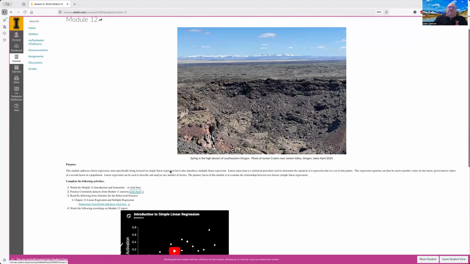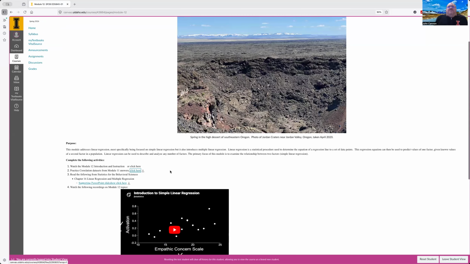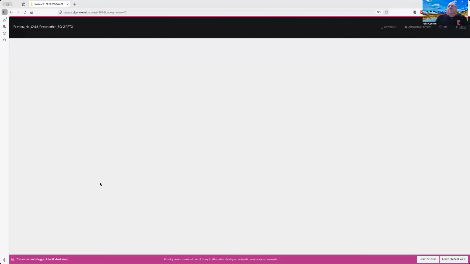Then read chapter 16 from the Statistics for the Behavioral Sciences. This is linear regression and multiple regression. I've got the supporting PowerPoint slideshow.